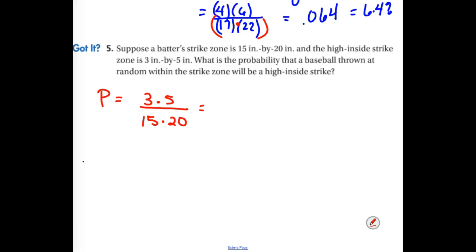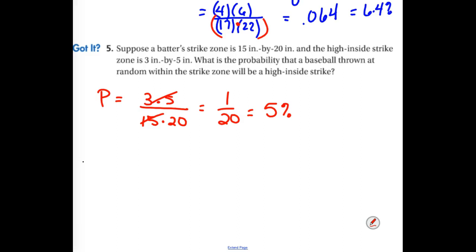All right, shouldn't need a calculator for this one. What's 3 times 5? 15. There's a 15 in the numerator and a 15 in the denominator, right? So this 15 will reduce with that one. We get 1/20th, which is what? 5%.